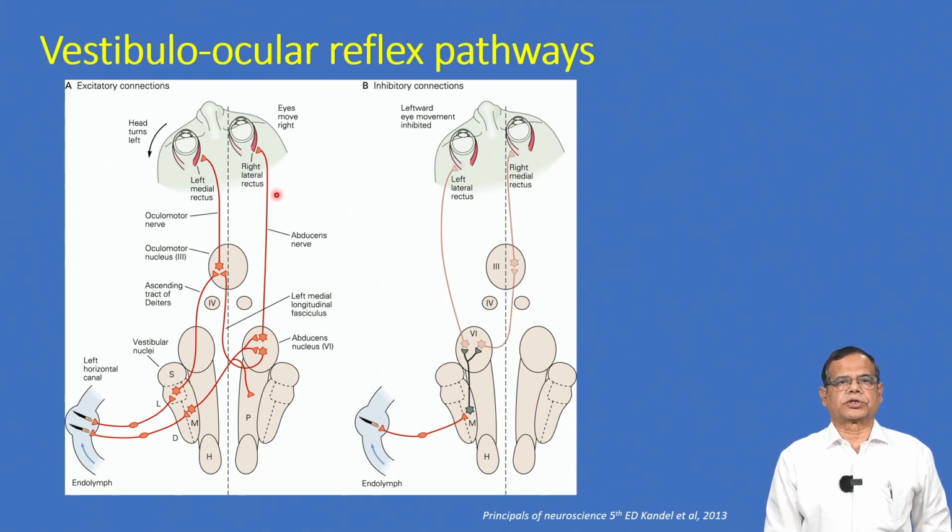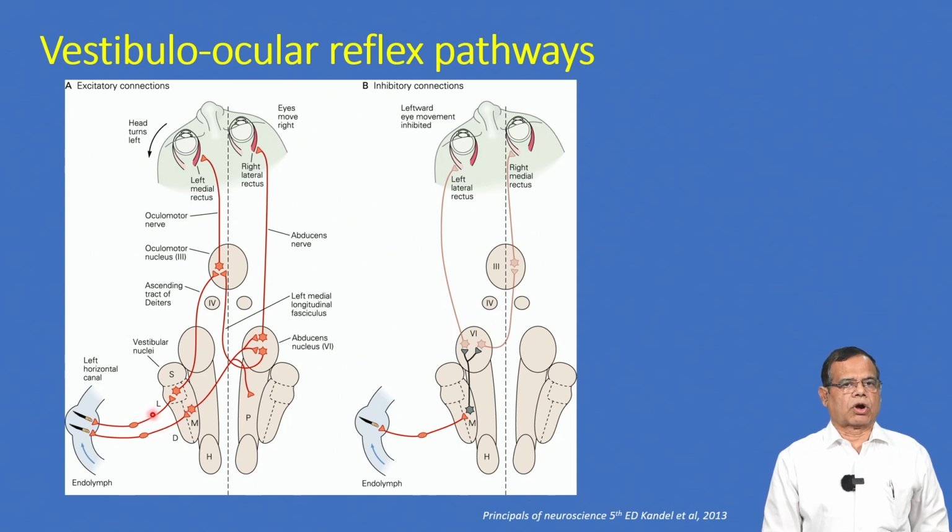So, what is vestibulo-ocular reflex? See, when the head is moved, along with the movement of the head, there is movement of the endolymph to the opposite side, and the movement of the endolymph distorts the hair cells. There is production of action potential.